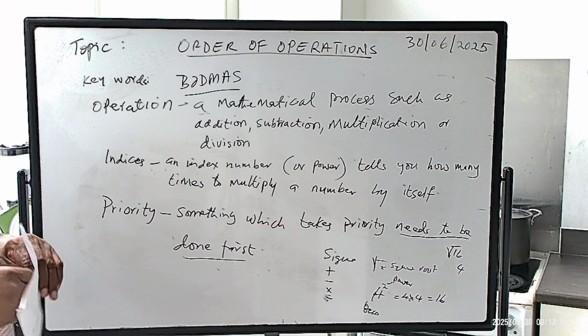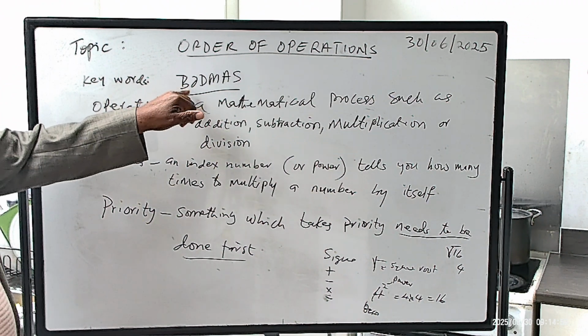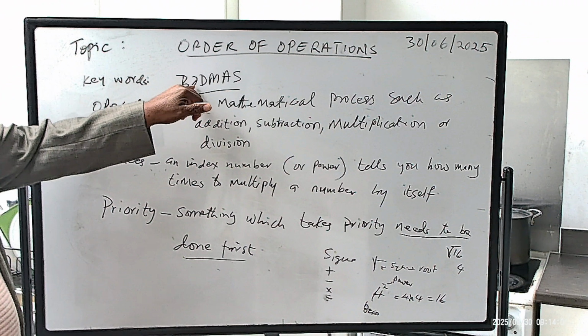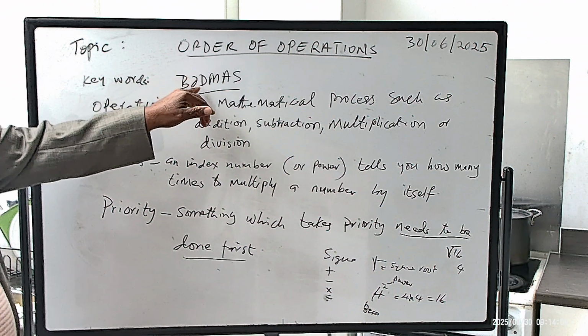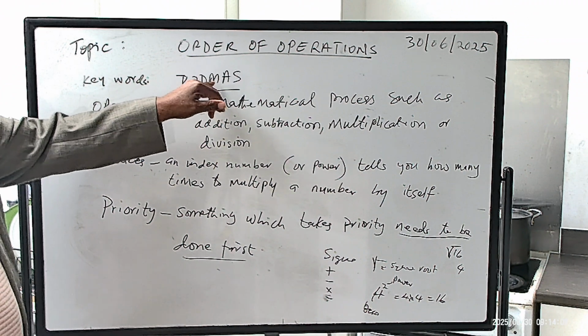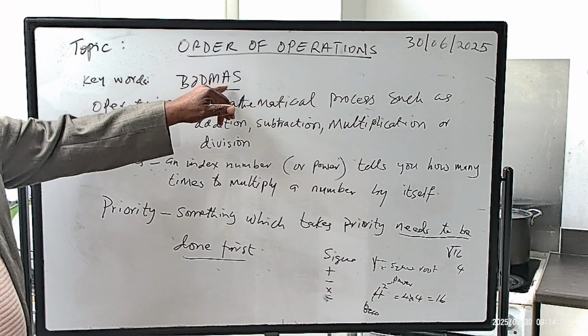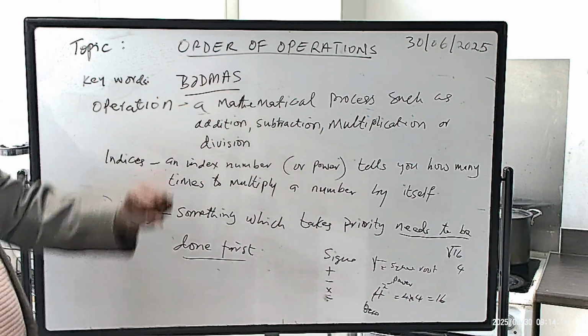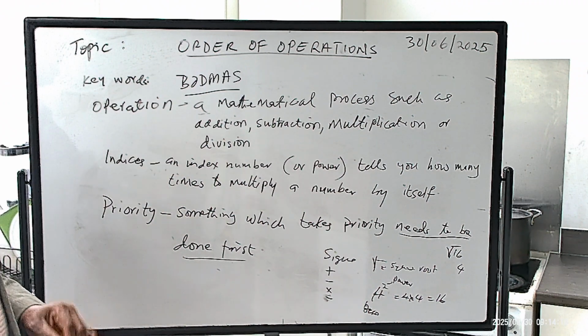B means bracket, O means of, which we can call index or power, D means division, M means multiplication, A means addition, and S means subtraction. So these are the mathematical operations that we want to use.